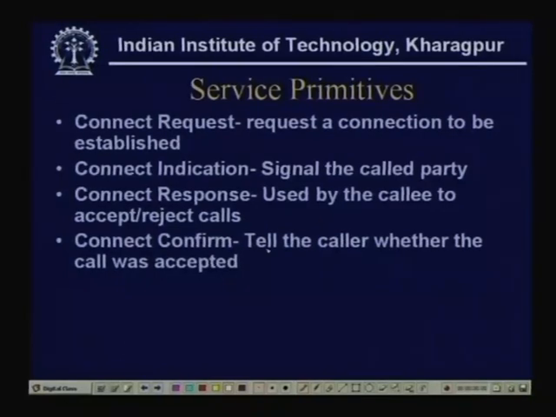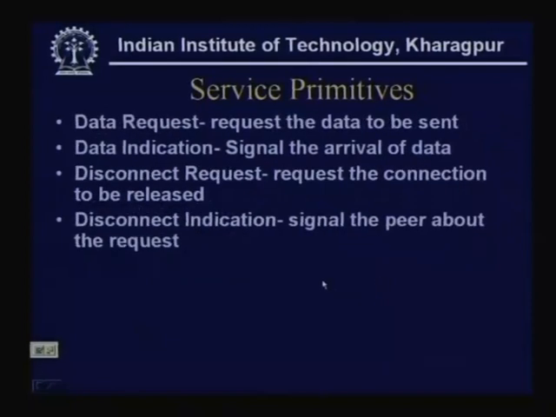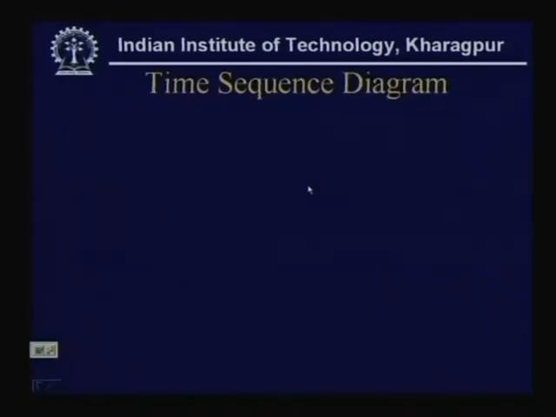Then you have data request, data indication, disconnect request and disconnect indication. These are the service primitives that have to be used in connection oriented service. Let me explain with the help of a time sequence diagram how it really occurs.